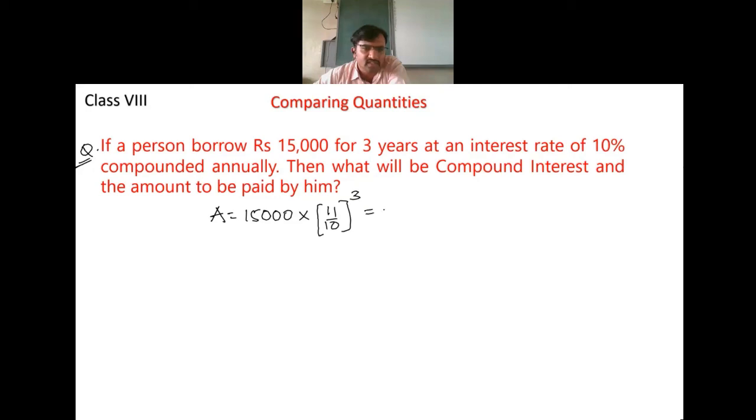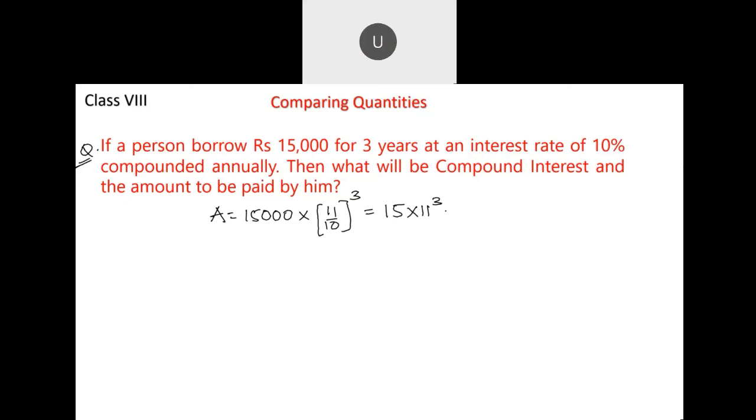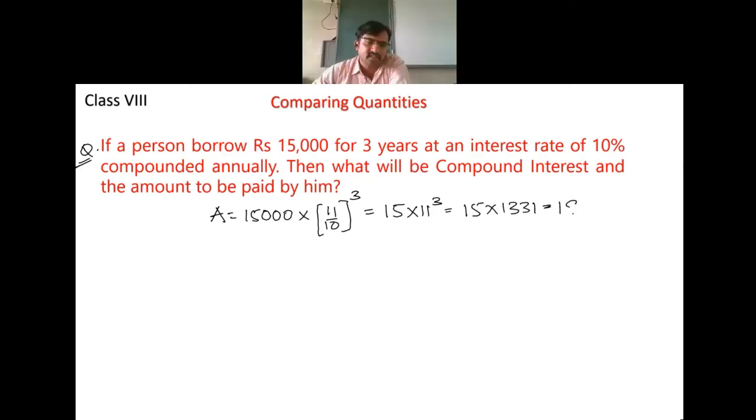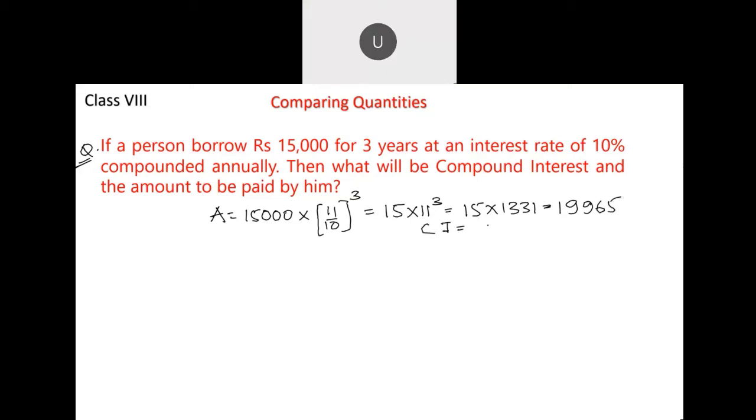So 15 into 1331 gives 19,965. This is the amount. CI is equal to 19,965 minus 15,000, which is 4,965. Amount is different in the second one, sir.